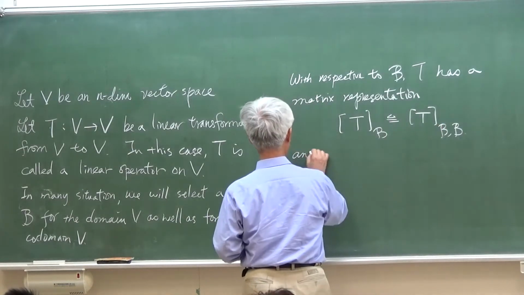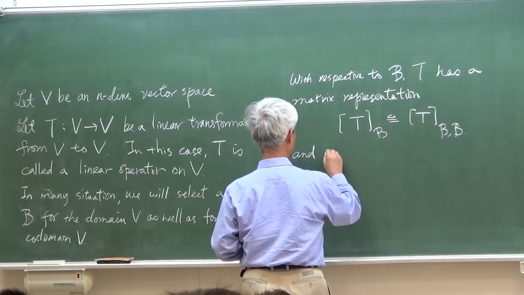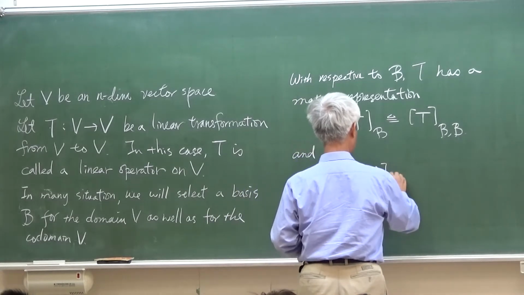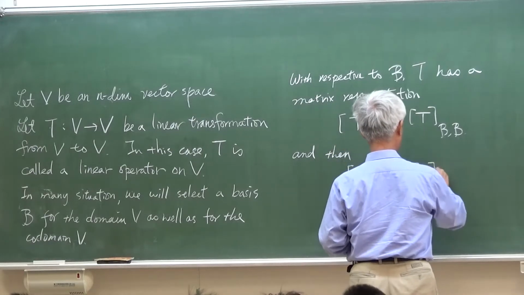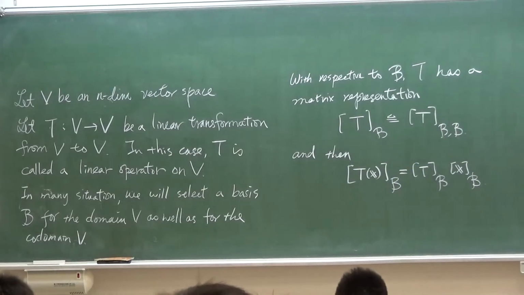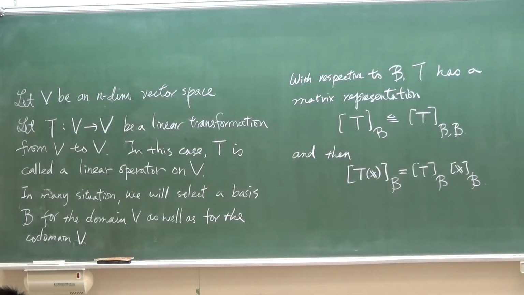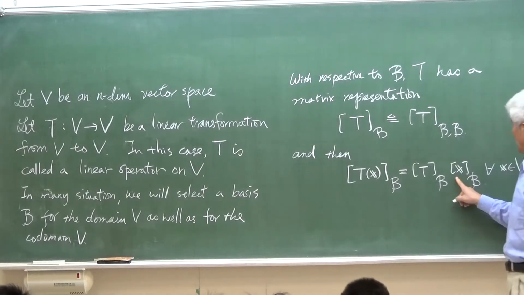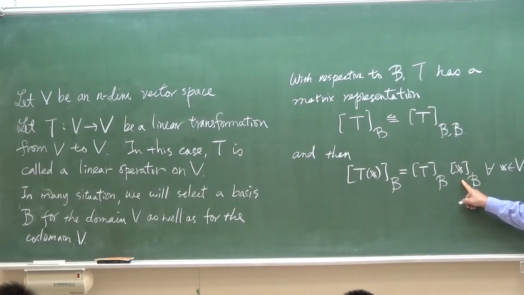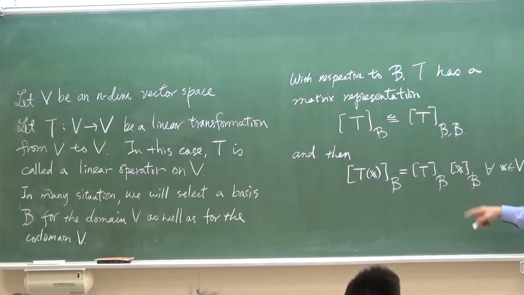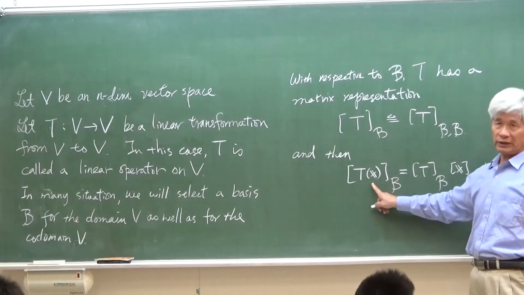And then [T(x)]_B = [T]_B [x]_B. So a vector x in V will have the coordinate vector relative to the basis B. So this is the B-coordinate of x, and this is the B-coordinate of the image.